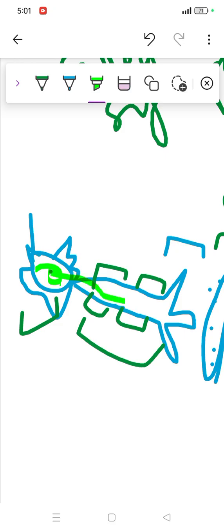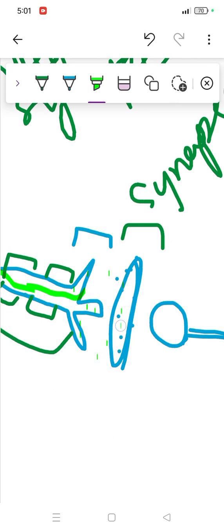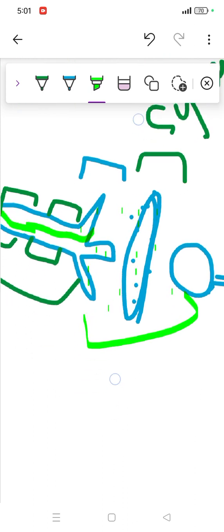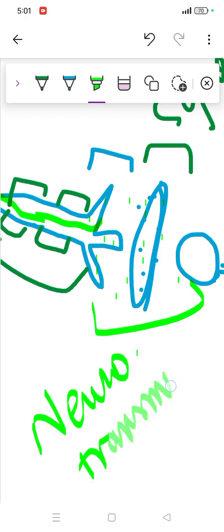When they come over these endings, they release a kind of chemical. This chemical is released outside, and it is basically called a neurotransmitter.